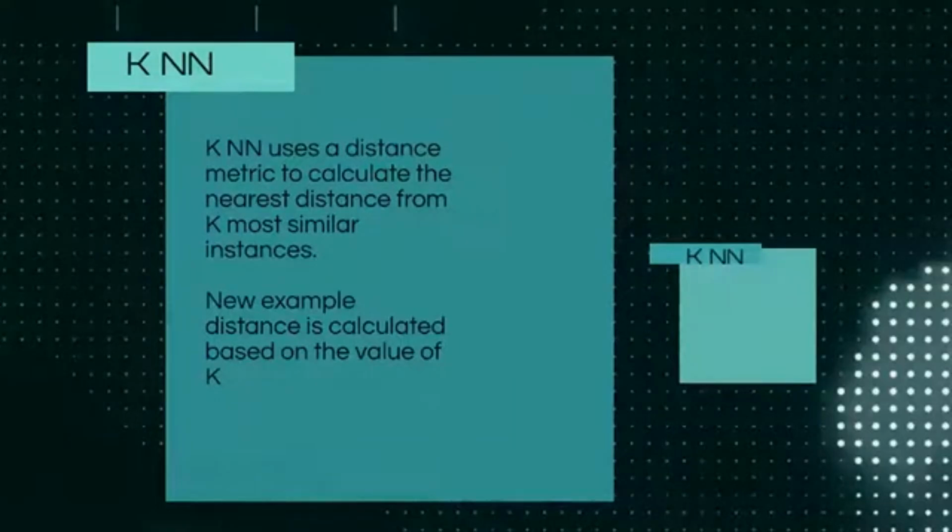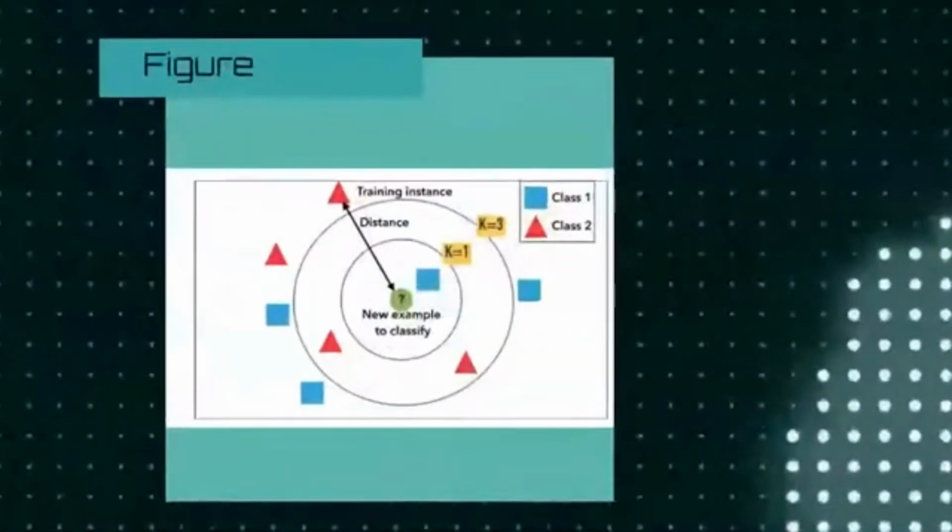And this K, the number of nearest neighbors, is user defined. I can define it as 1, 3, 5 or 7. Generally it is an odd number, and for whatever new example we give, the distance is calculated based on the value of K. Now let me walk you through this a little more in depth with this figure.